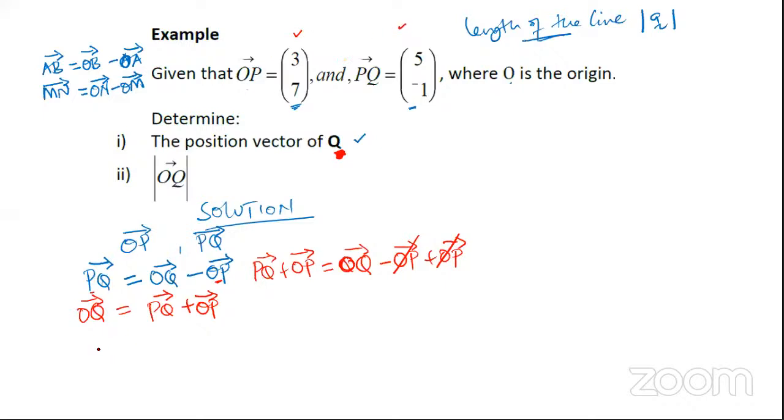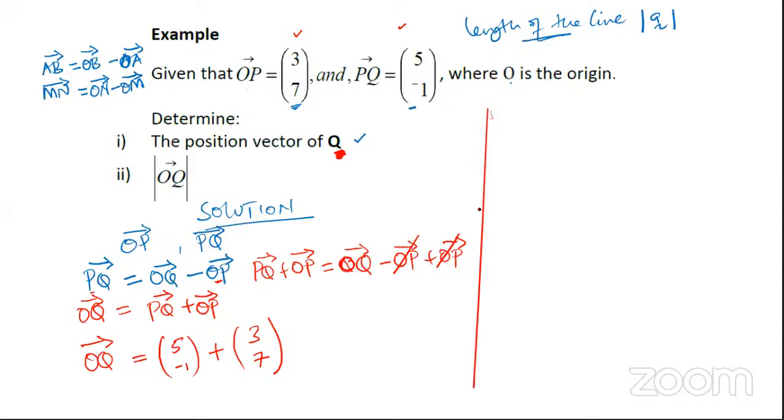So OQ is equal to vector PQ, which is 5, negative 1, plus 3, 7. Vector OQ plus 3, 7. So when we come this side, we continue here.